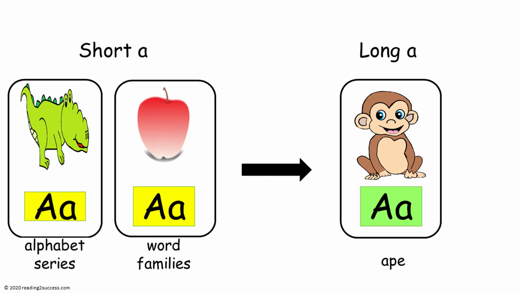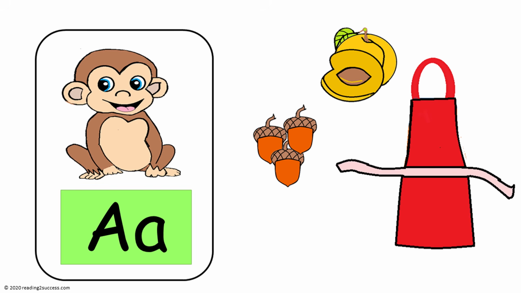And now for the long A, we will use ape. Remind kids that the long A sound says its name, A. A is for apricot, A is for acorns, A is for apron.